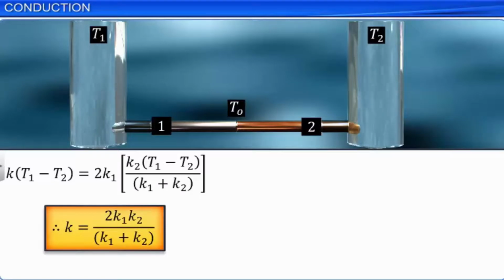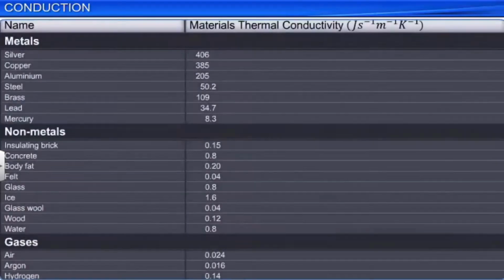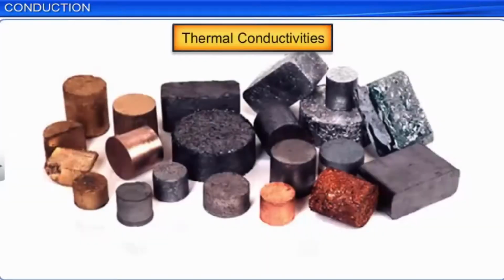The table shows the thermal conductivities of some materials. Metals have very high thermal conductivities and hence conduct heat rapidly. Materials like wood, bakelite, and wool are bad conductors.